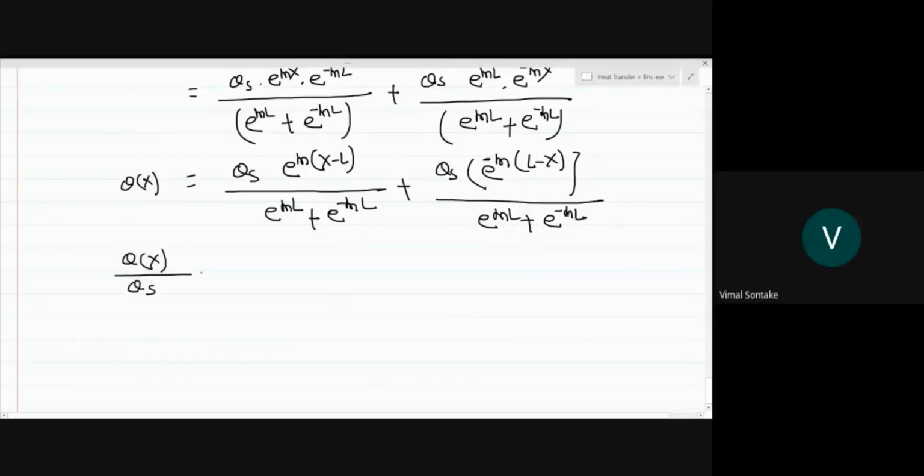So theta x over theta s will become e to power m l minus x plus e to power minus m l minus x over e to power ml plus e to power minus ml.